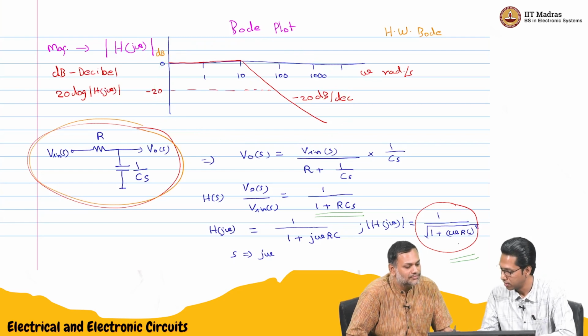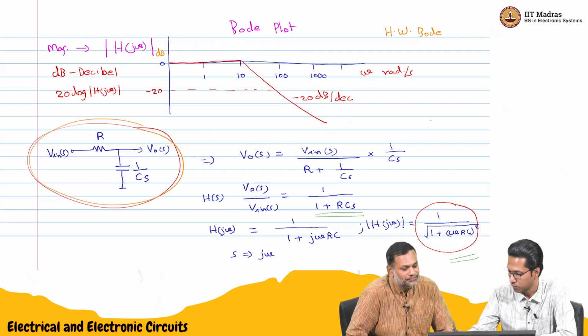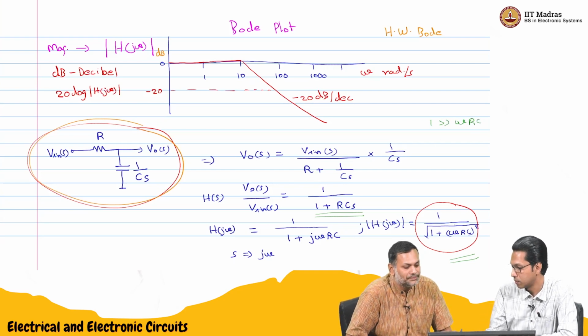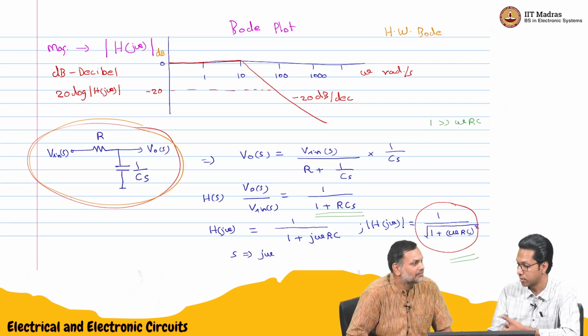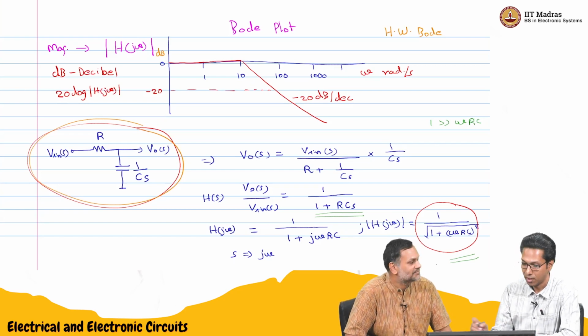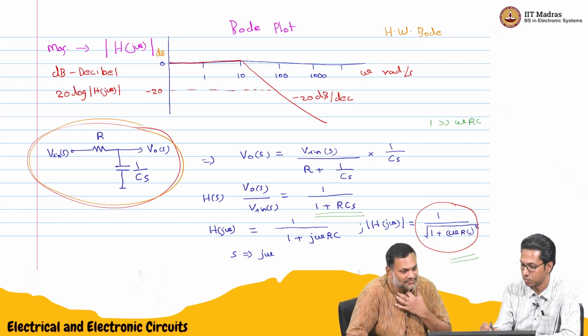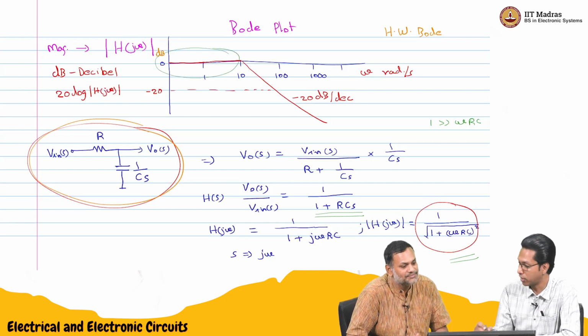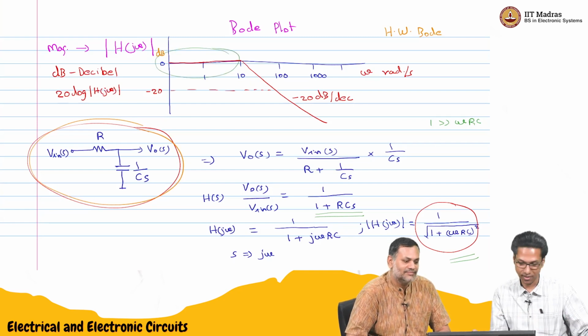While we were plotting this, we were saying that if 1 is very large compared to omega RC, then the magnitude of H of j omega is just 1 itself. And 20 log 1 became 0. That is why we have this in this fashion.